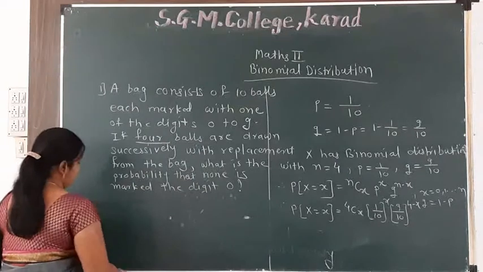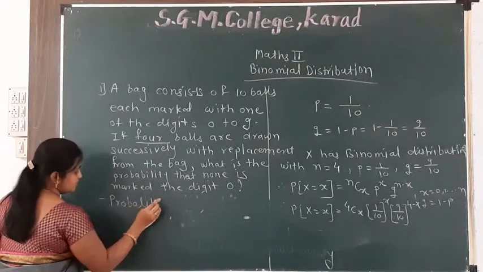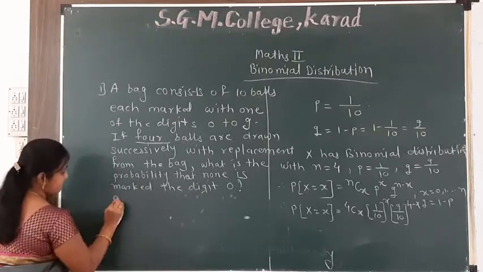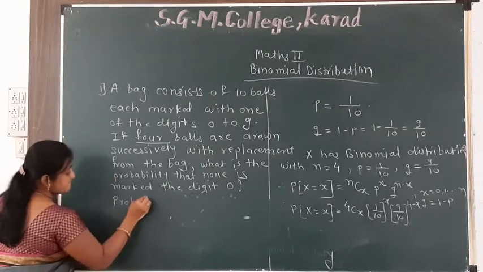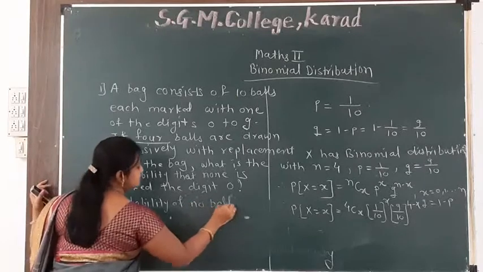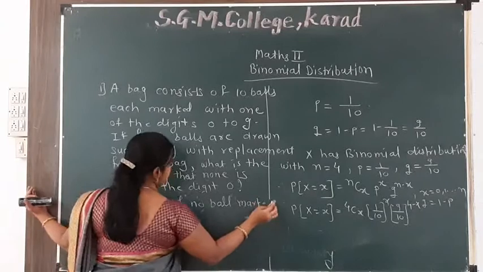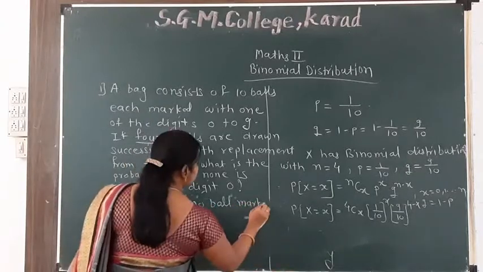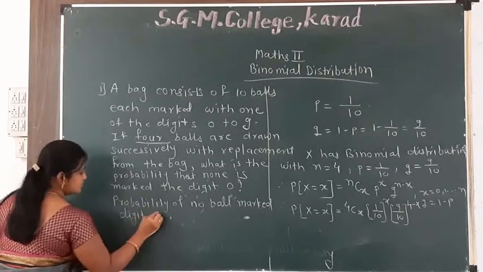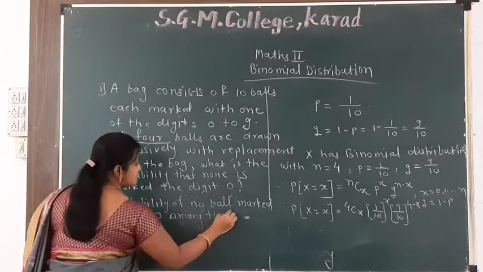Now we find the probability that none is marked with digit 0, that is, no ball is marked digit 0 among the 4 balls.